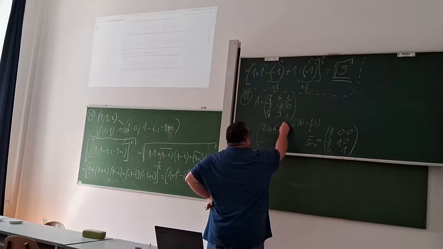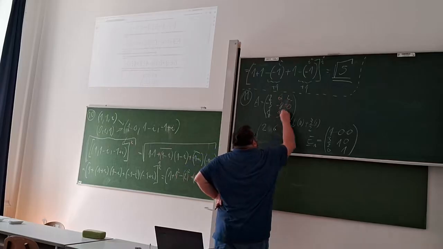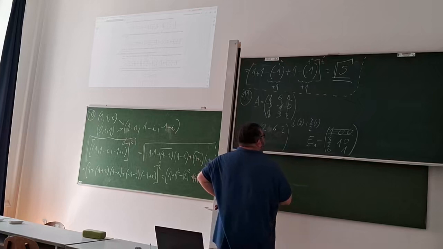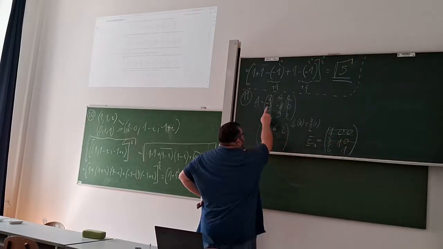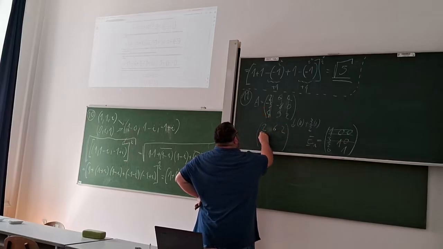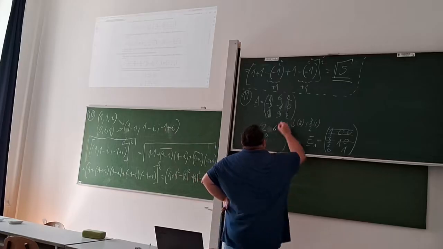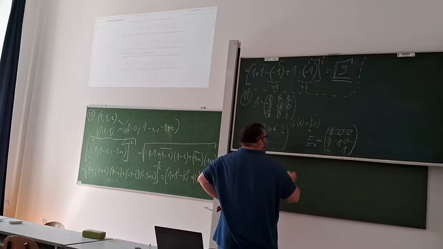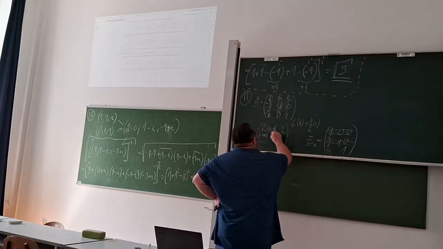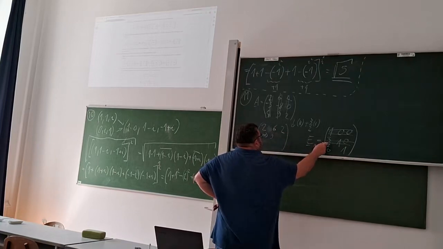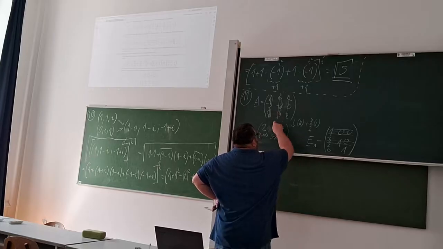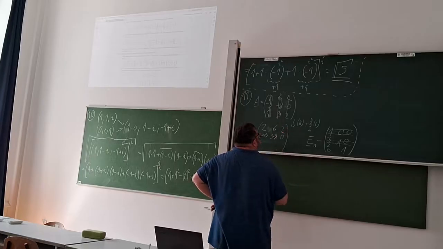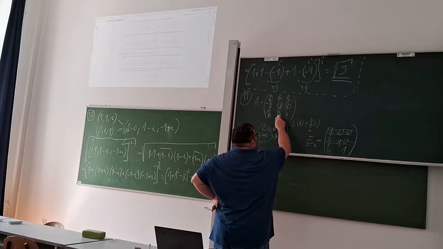Here, 6, everything is 0. Then, next row, 3 plus 0, then wait.